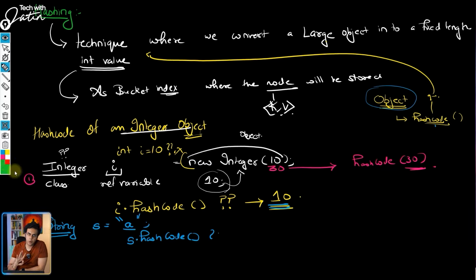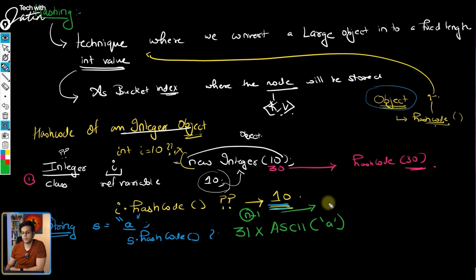So over here there comes a formula, okay? 31 raised to n minus 1 into the ASCII value of the character, where n is the length of the string.